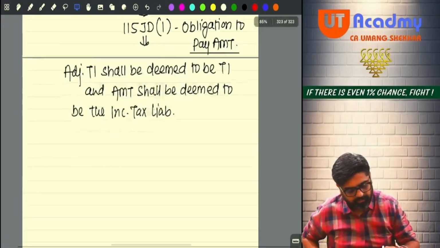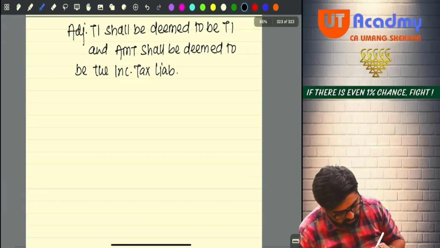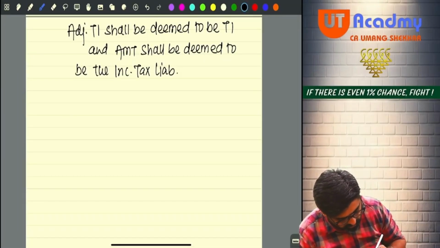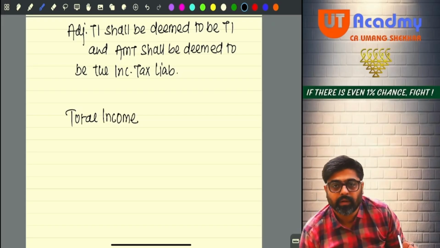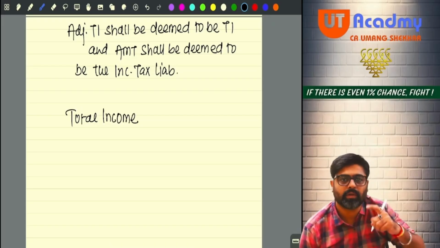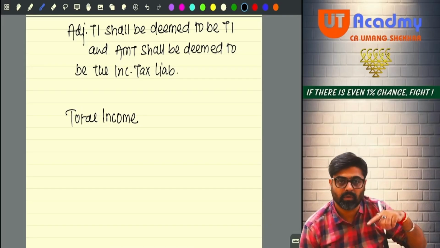So do one thing. Take your total income, the total income which you have calculated on a regular basis. Now this total income will be after claiming all those deductions.